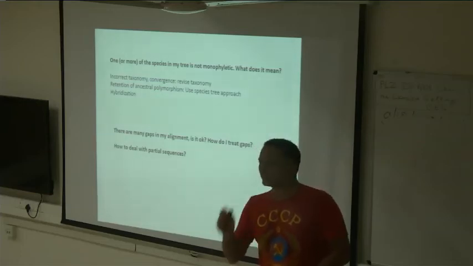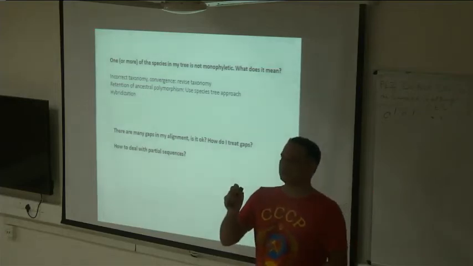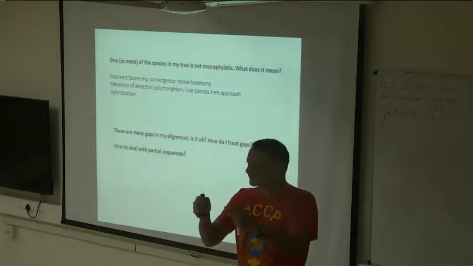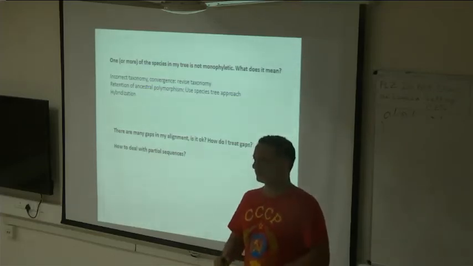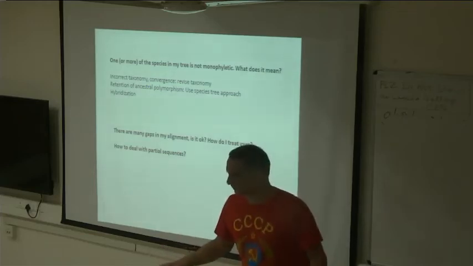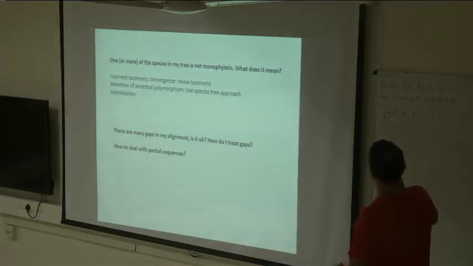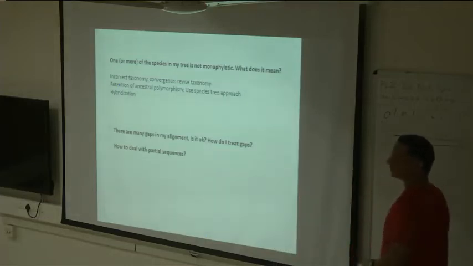Okay? Now that is a true gap. It is not missing data in the sense that when you were sequencing, you were not able to get that region. That sequence does not exist. Right? So that's a true gap.